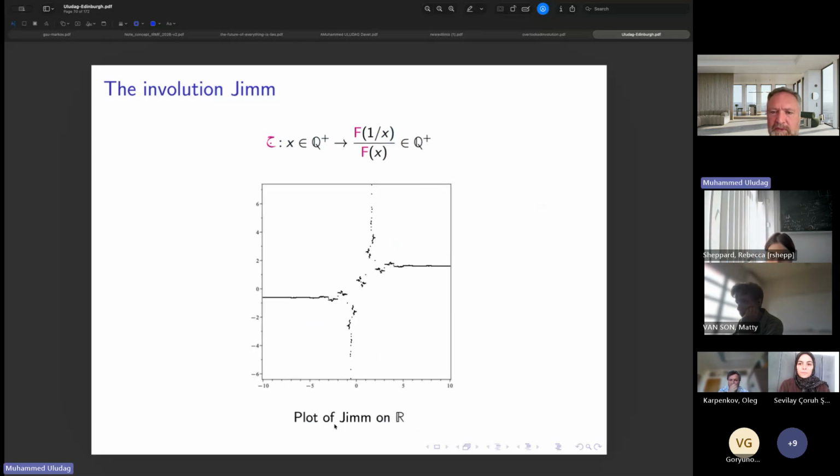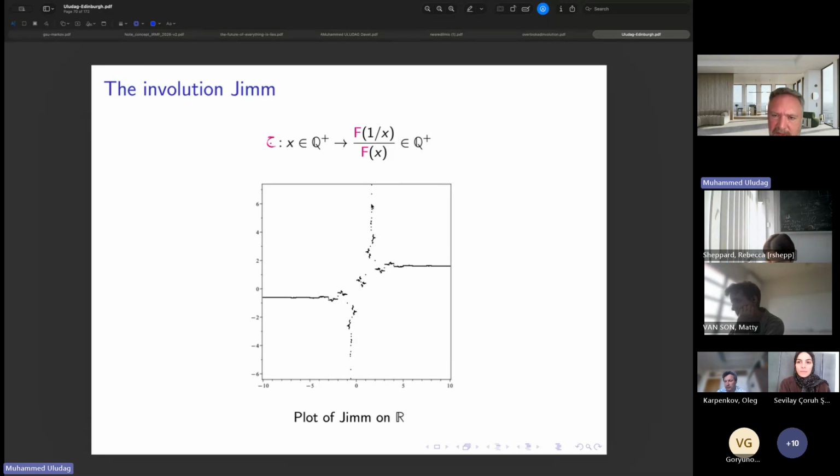We can plot it on the whole real line as well. You see two symmetries, one with respect to this axis, and another with respect to this axis. This symmetry means that the function is an involution, and this symmetry is a certain functional identity. The limiting value here is the golden ratio.